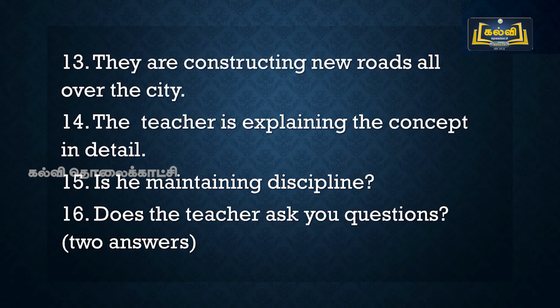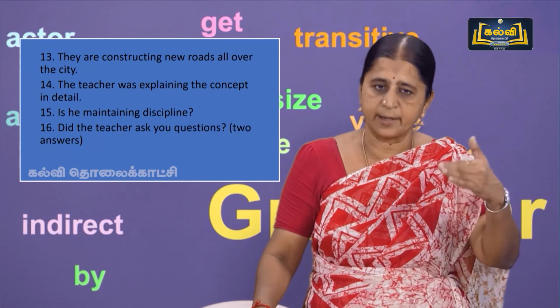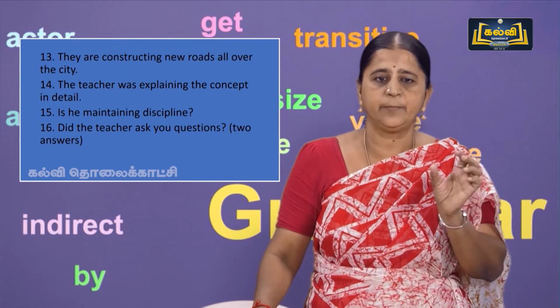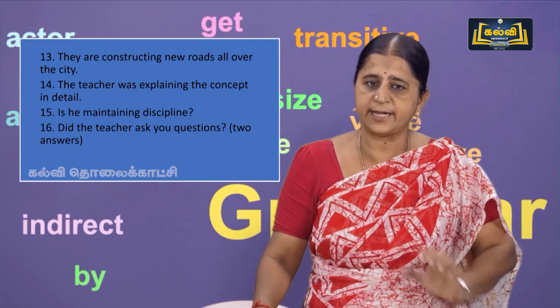The teacher was explaining the concept in detail. The teacher was explaining what? The concept. So இப்போ verb பார்த்தோம்னா அது past continuous tenseல இருக்கு. So rules உங்களுக்கு more or less same தான். நம்ம எப்படி presentல is or are பார்த்தோமோ அதே மாதிரி past tenseல was or were. நான் மறுபடியும் இதை தெளிவாக ஒரு தடவை சொல்கிறேன். இப்போ இந்த சென்டென்ஸுக்கு the teacher was explaining the concept in detail.